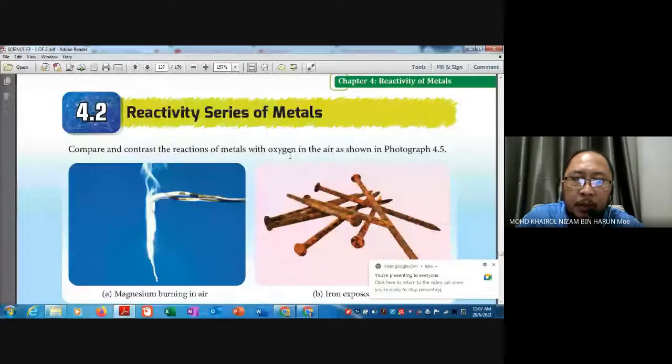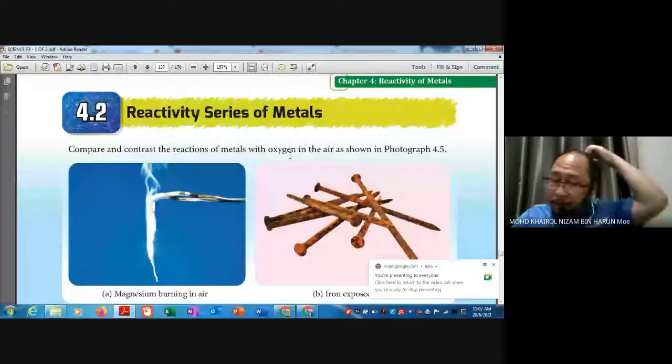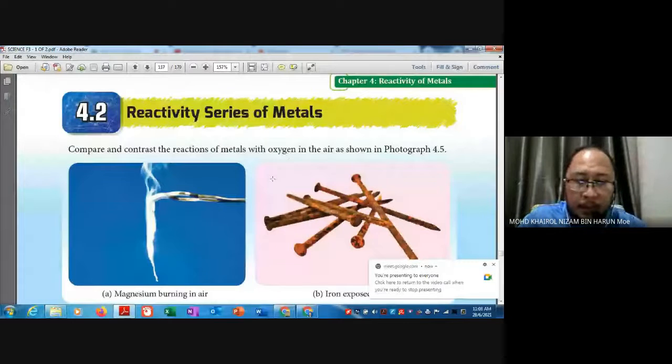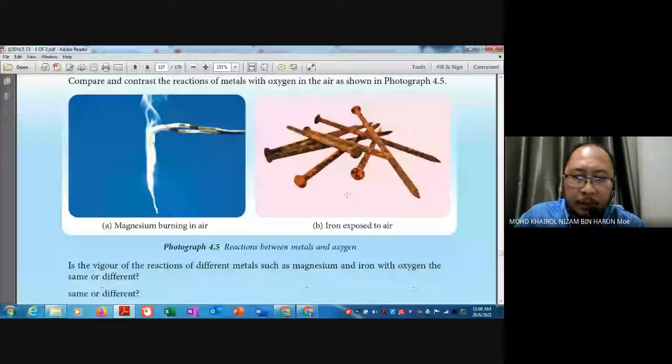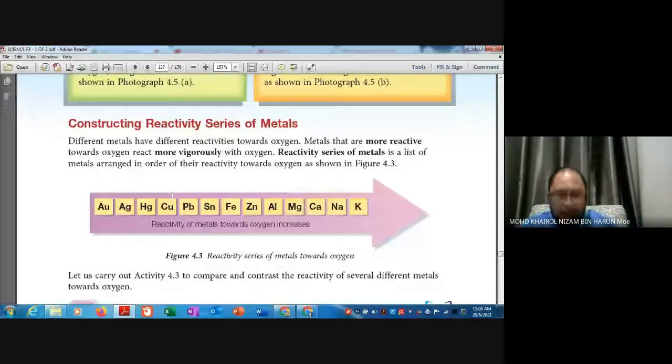This reactivity series is constructed based on the vigorous reaction between these metals and oxygen. Depending on the vigorousness of the reaction between metals and oxygen, we can construct the reactivity series of metals.